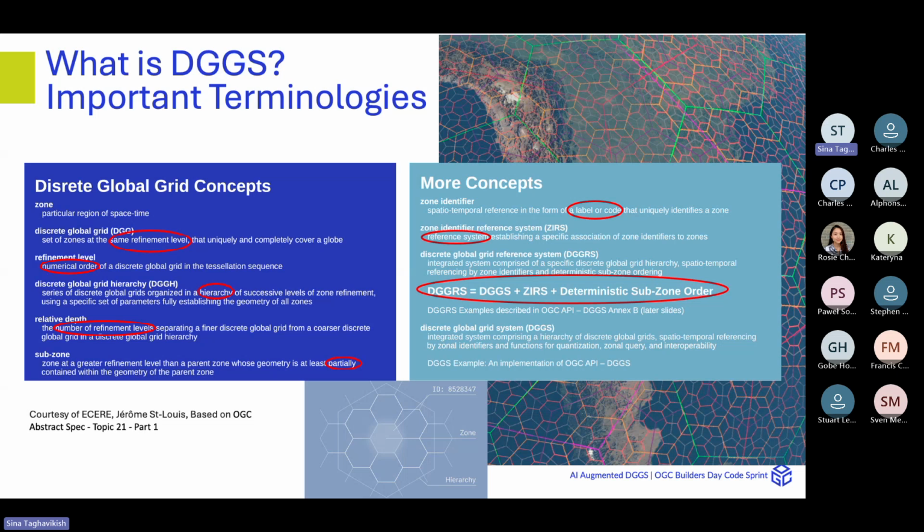The other side of the story is the zones. Instead of cells, we love to call them zones in DGGS. Each one has a unique identifier, and that unique identifier makes them basically DGGS. A DGGRS, which is actually the more proper word but is not used, is basically a DGGS plus a ZIRS, the zone identifier reference system, a system to define what the numbering format and order is, and a deterministic subzone order.